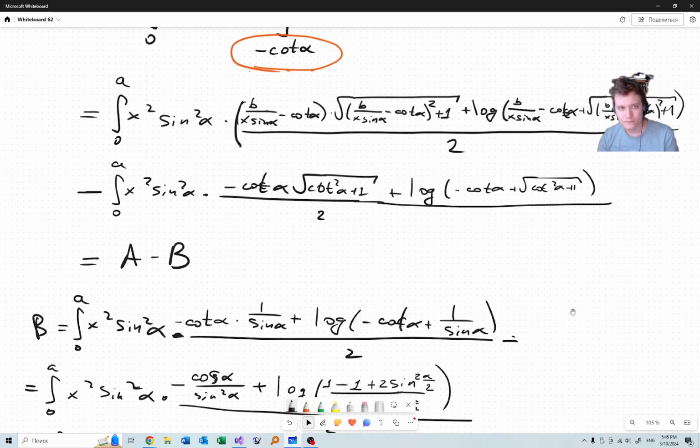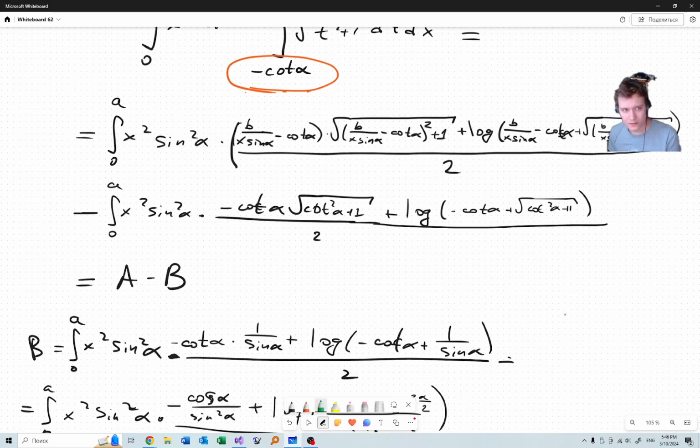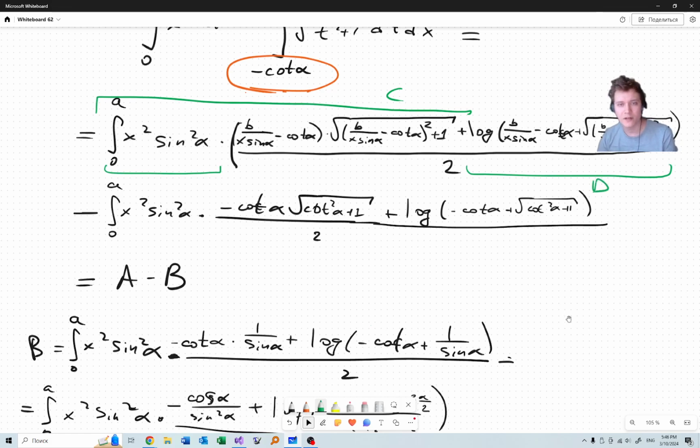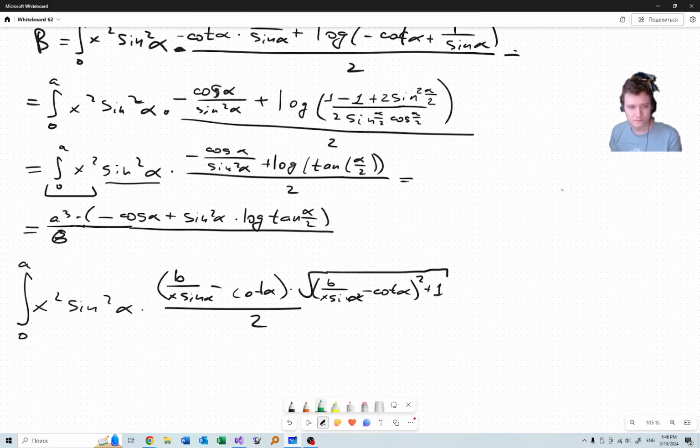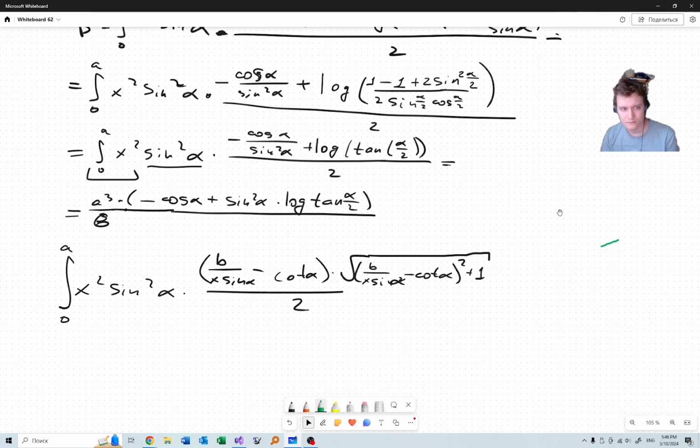Okay, so let's call this integral c and this integral d. So now we're calculating c. C equals what? Actually, that's it. Now let's simplify it.